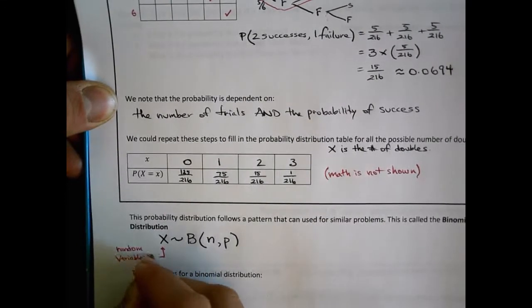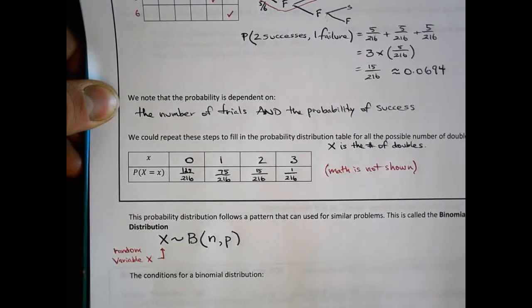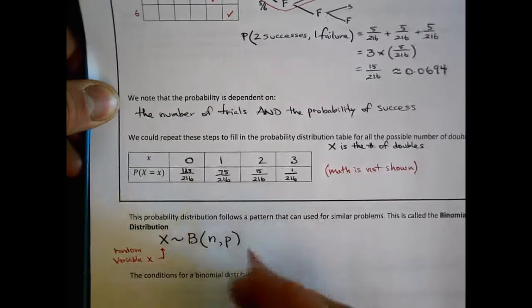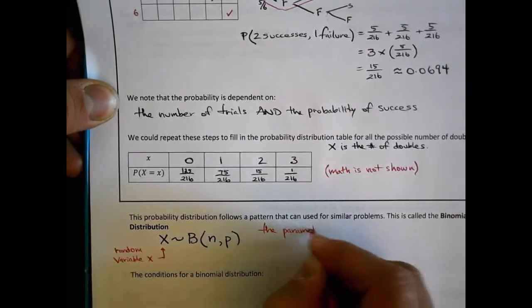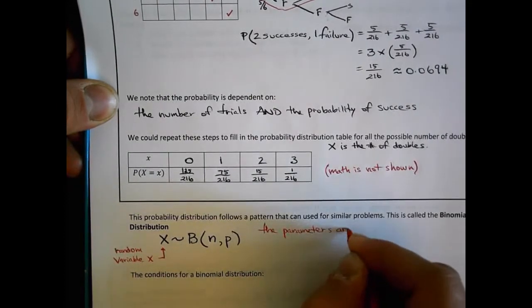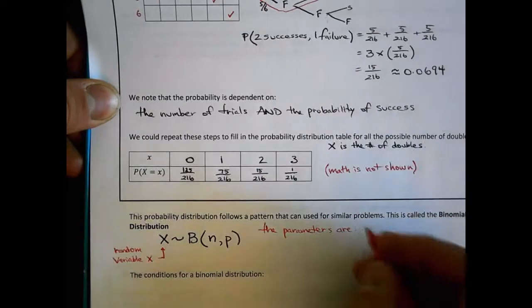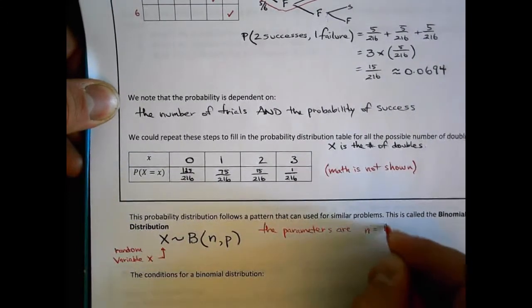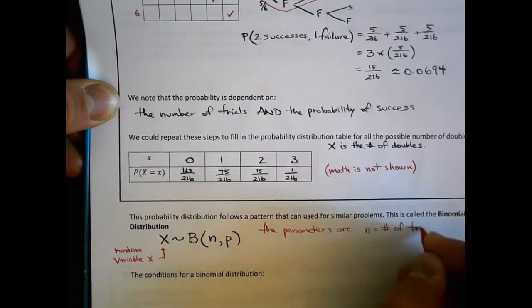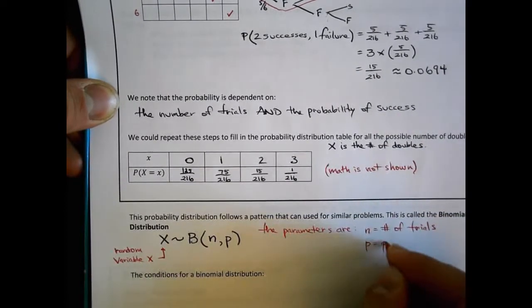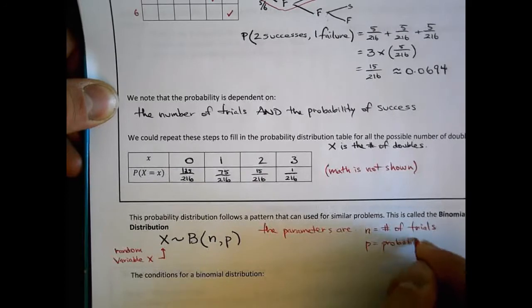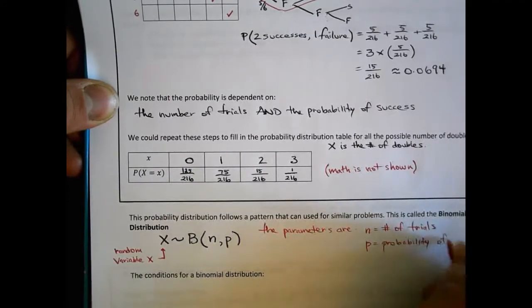In this case, that's the number of doubles. And the parameters, remember we learned parameters for the normal distribution? Well, we have parameters for the binomial distribution as well. We have n, which is the number of trials, in this case the number of times I throw the dice. And we have p, which is the probability of success.